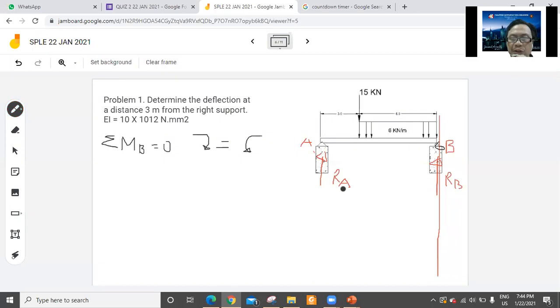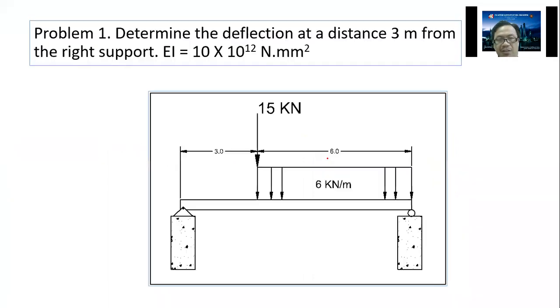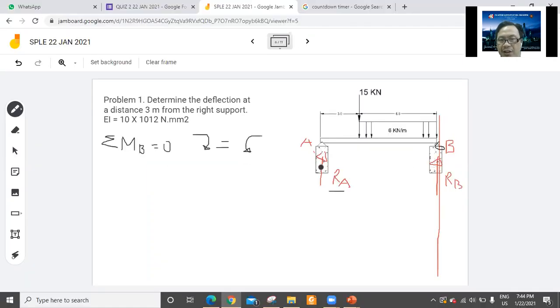So what are the clockwise moments? You have RA, with a distance of, what is this, 3 and 6, I think, yeah, it's 9. This is 9 meters. So you have RA times 9. What else? Clockwise direction, no more.